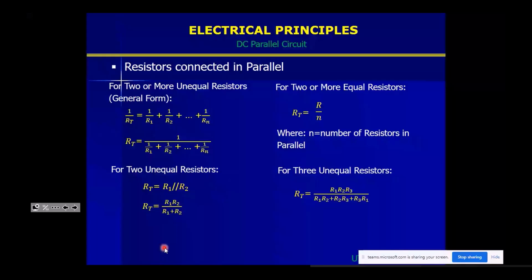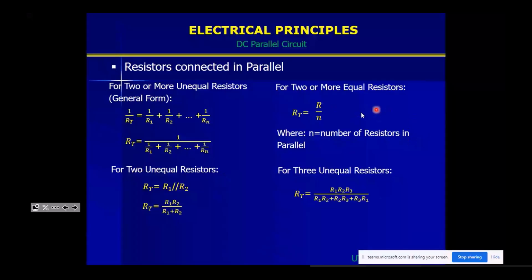But for only two unequal resistors, you have R total equals R1 parallel with R2, this is the symbol for parallel. To get the total resistance, you just multiply R1 times R2, divided by R1 plus R2. Don't forget this, memorize that one.